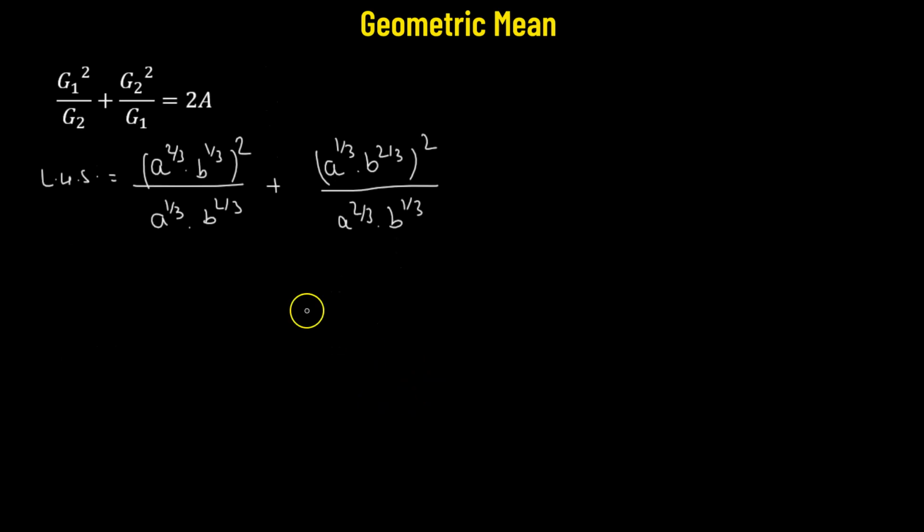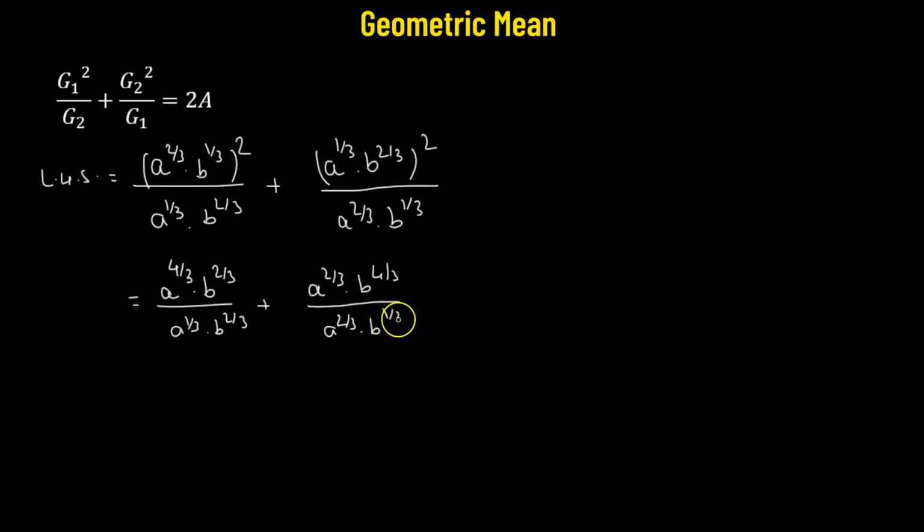Right. So let's further simplify. So this is going to give us a raised to the power of 4/3 multiplied by b raised to the power of 2/3 divided by a raised to the power of 1/3 times b raised to the power of 2/3, plus a raised to the power of 2/3 multiplied by b raised to the power of 4/3 divided by a raised to the power of 2/3 times b raised to the power of 1/3.